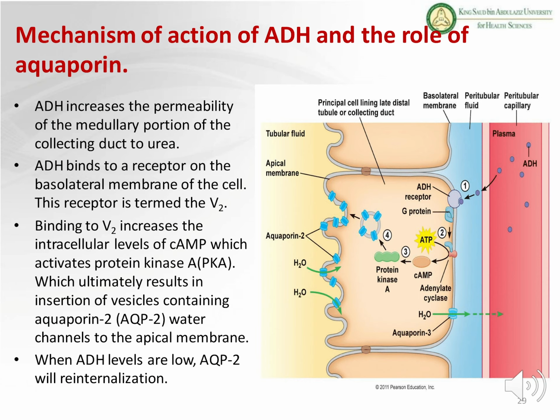Cyclic AMP activates protein kinase A, which triggers a cascade of events that end with incorporation of the water channel aquaporin 2. Incorporation of aquaporin 2 into the luminal, apical cell membrane makes the cell permeable to water.